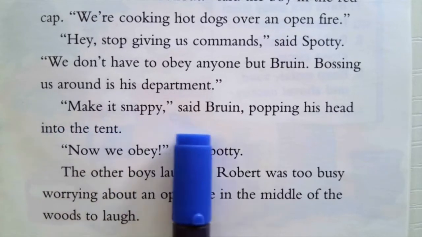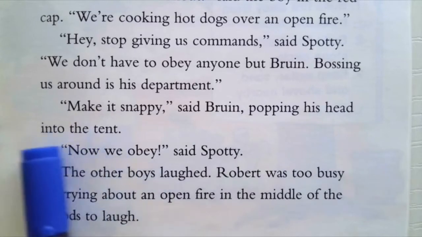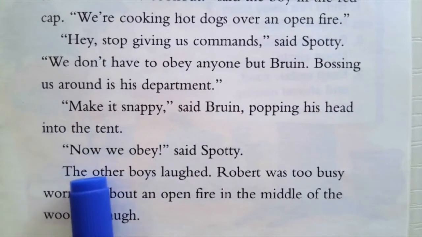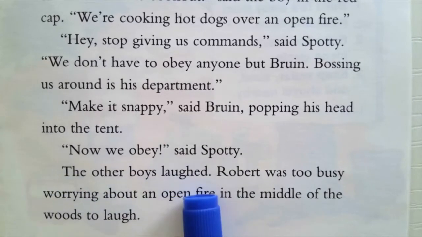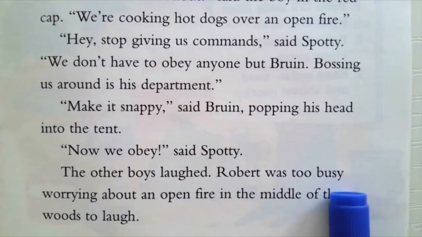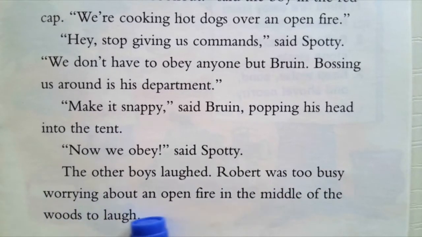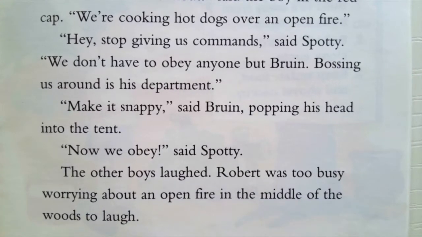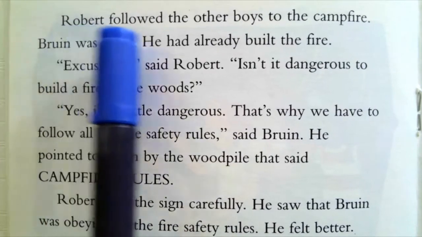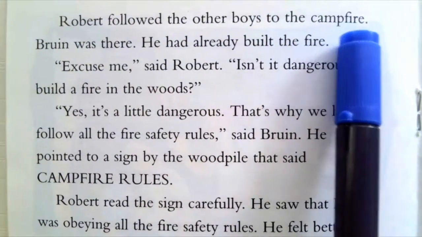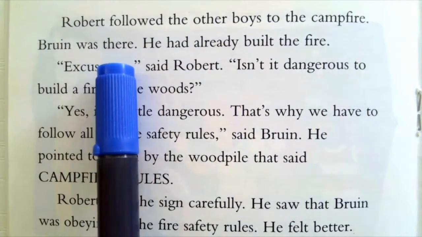"Make it snappy," said Bruin, popping his head into the tent. "Now we obey," said Spotty. The other boys laughed. Robert was too busy worrying about an open fire in the middle of the woods to laugh. Robert followed the other boys to the campfire. Bruin was there.